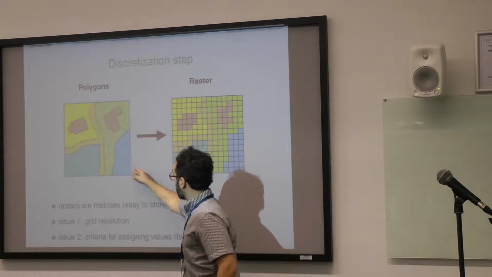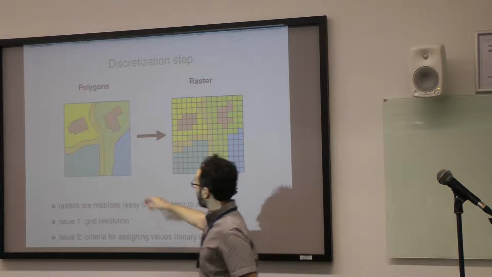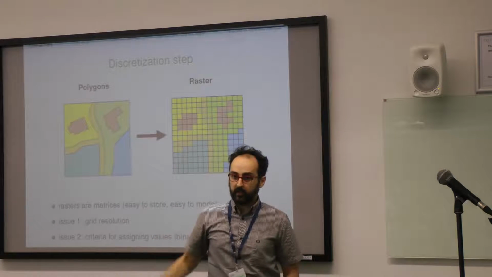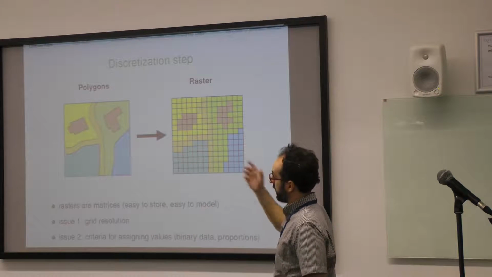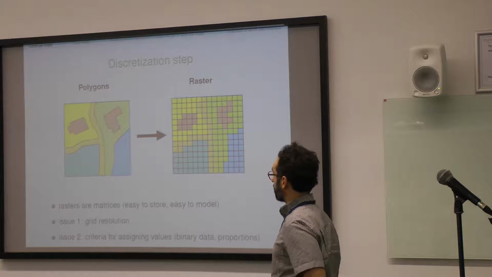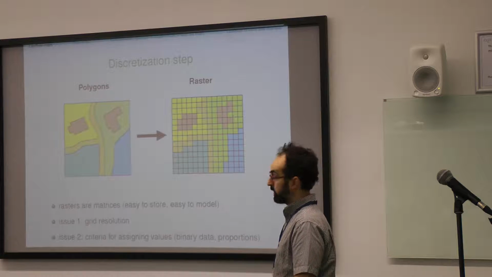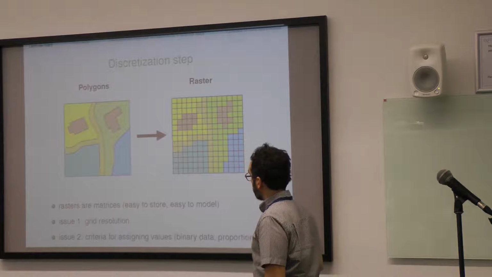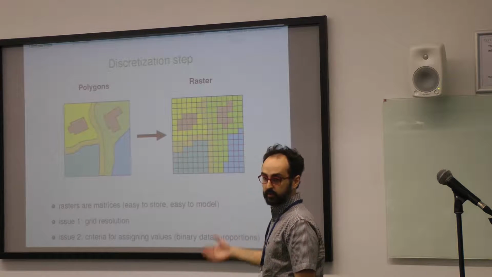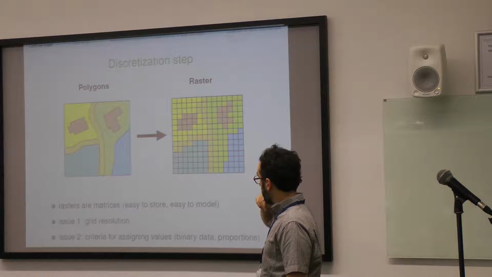The polygon map is very expensive to store because you have to collect in your dataset all the information on the boundaries, and it is also difficult to analyze. You can do less in terms of summarizing the phenomenon. With the grid, you can compute many indexes. You can also apply statistical modeling because you have lots of statistical models for lattice data.